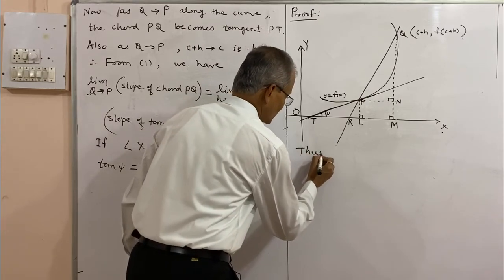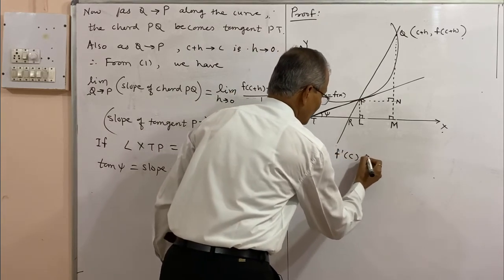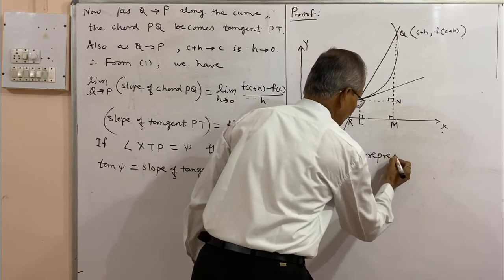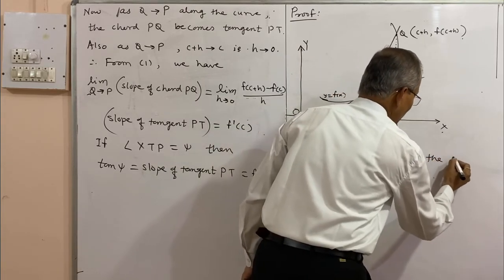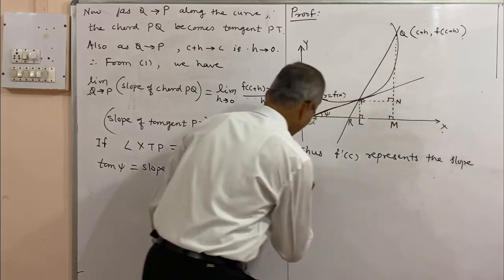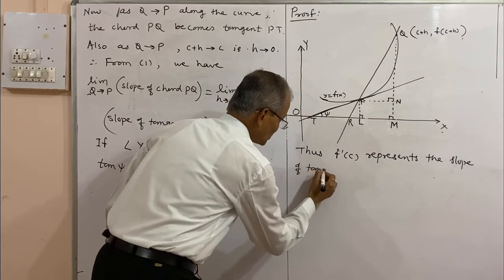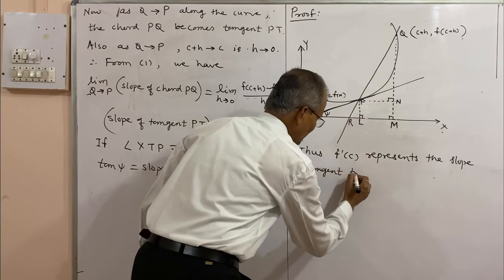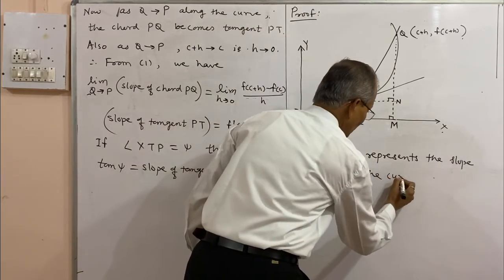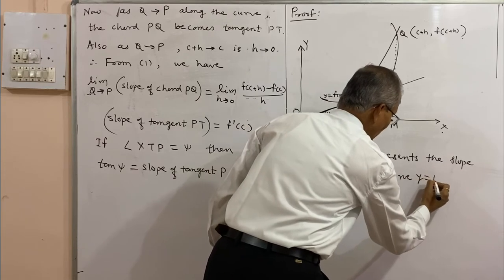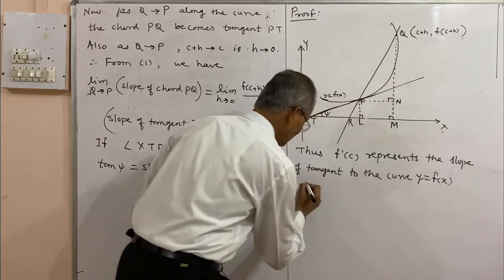So f dash of c is the slope of the tangent to the curve. What is the curve? We have y is equal to f of x, at which point?